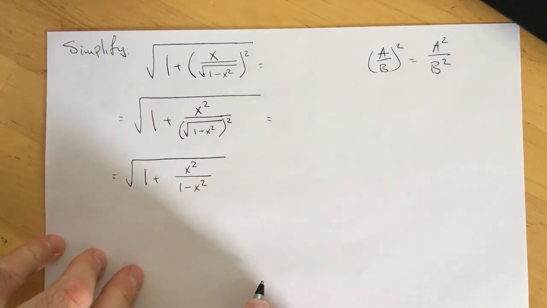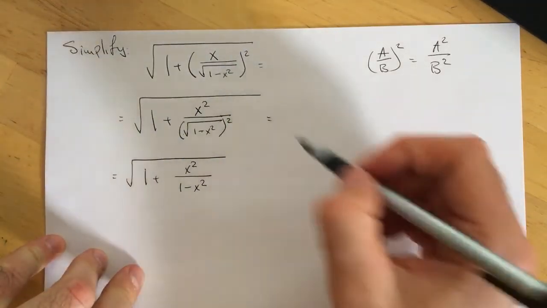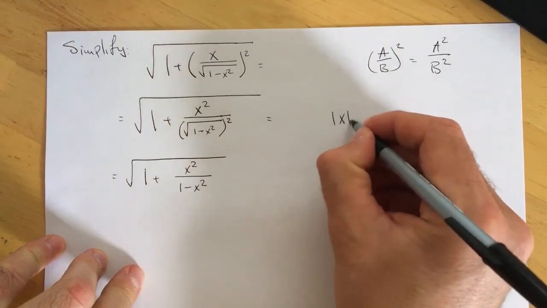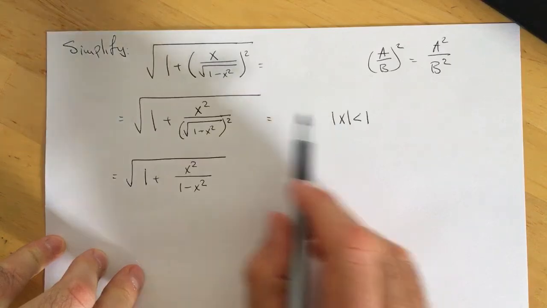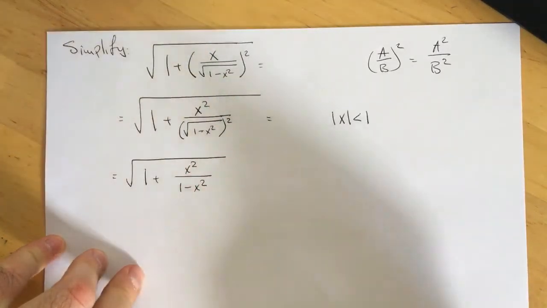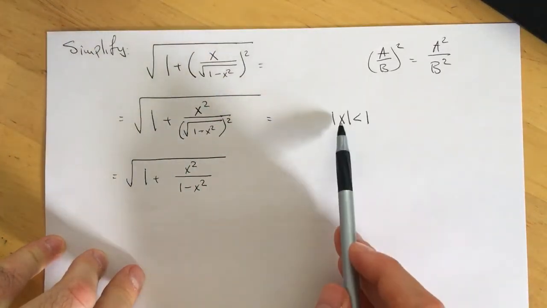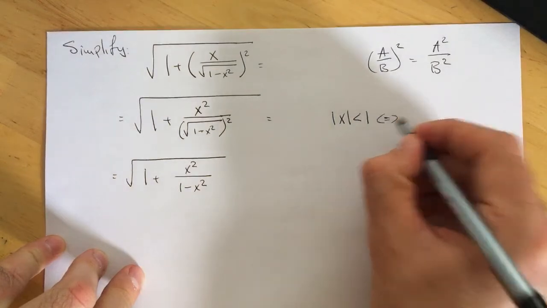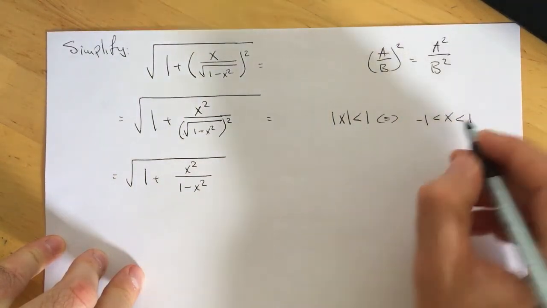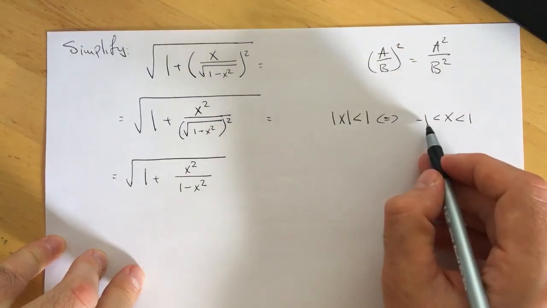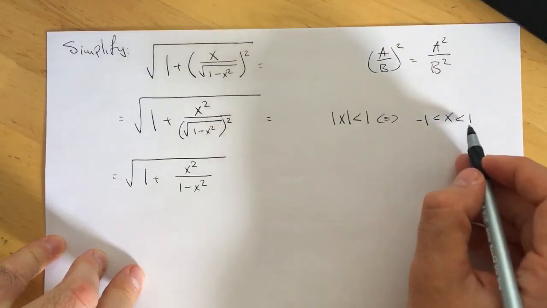Very soon, when we talk about functions, we will see that x can only take certain values, right? This expression can be defined as long as x is between, this is the same as saying that x is between -1 and 1. Strictly greater than -1 and strictly less than 1. Why?